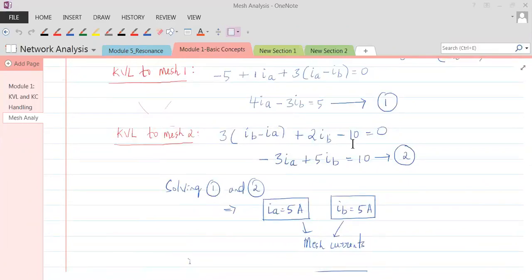So first we find the mesh currents. Then whatever is asked is expressed in terms of the mesh currents to get the results. Is everybody okay with this? Fine.